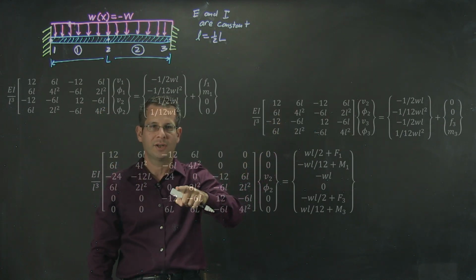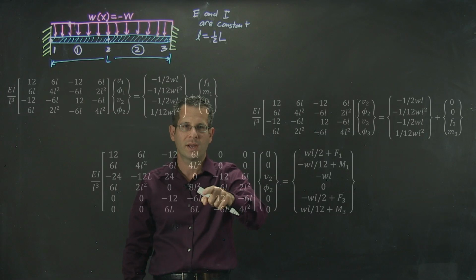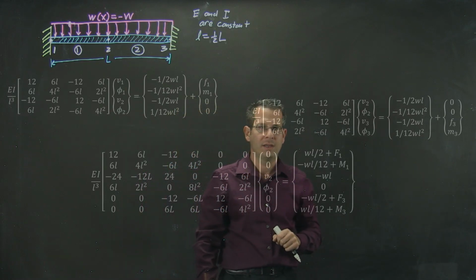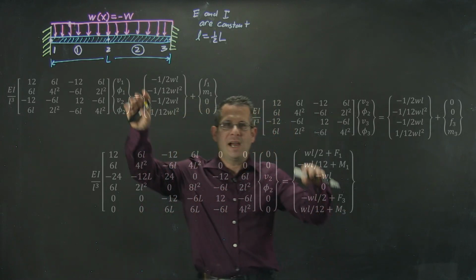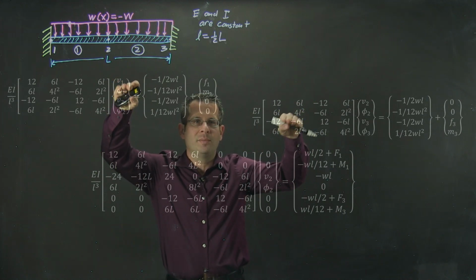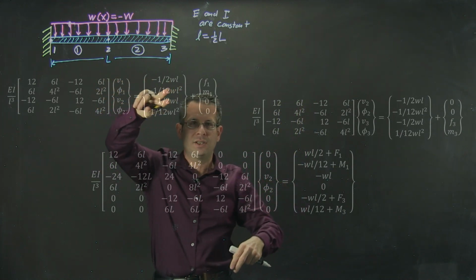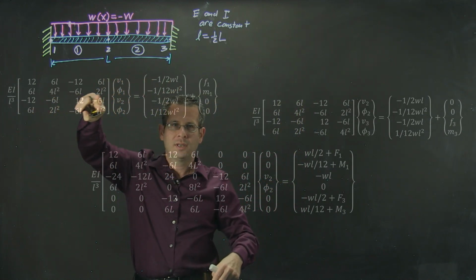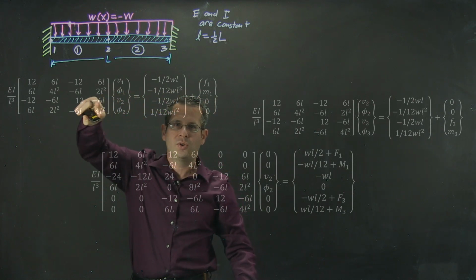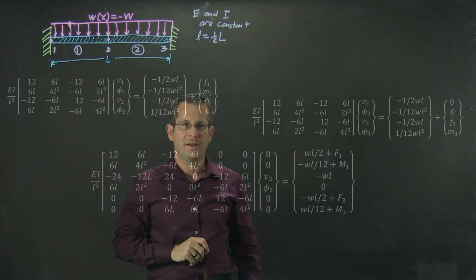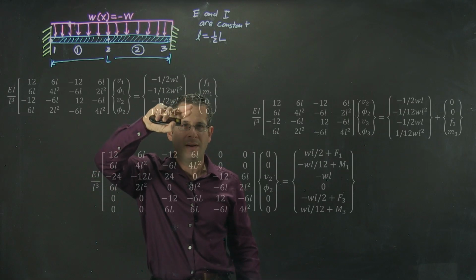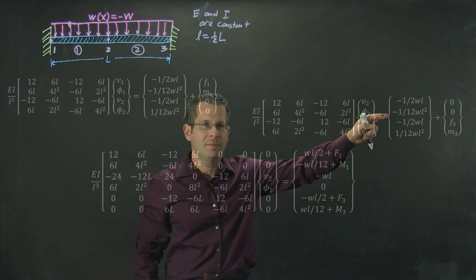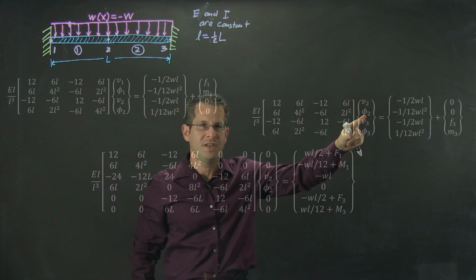I'll get 0 here, 0 here. I'll get 8 lowercase l squared here. I tried to line these problems up so you can see that these two rows that apply to V1 and V2 and Phi2 are the same two that apply to V2 and Phi2 here.